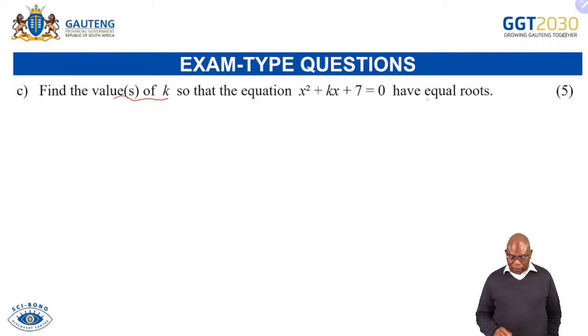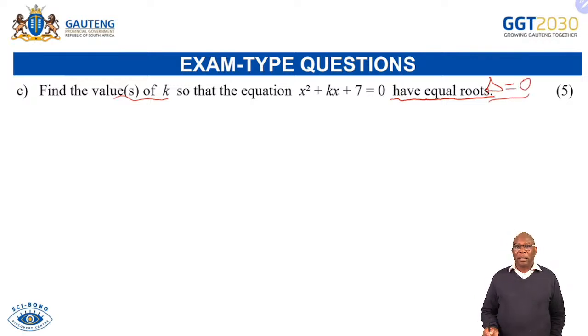In this case, I'm given the nature of the roots, they say these roots will be equal. The only time when the roots are equal is that delta must be equal to 0.